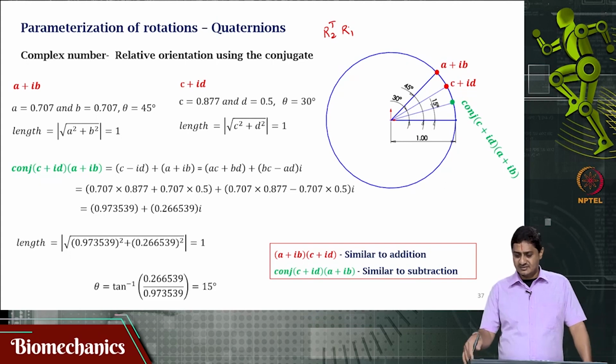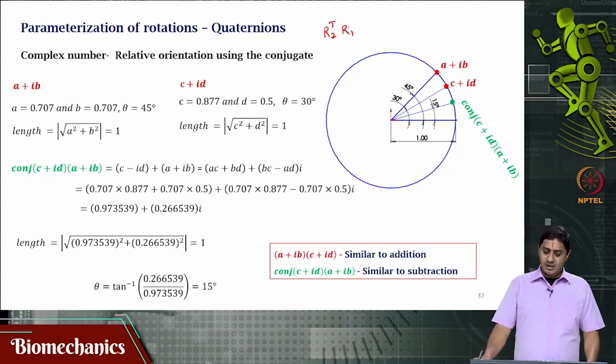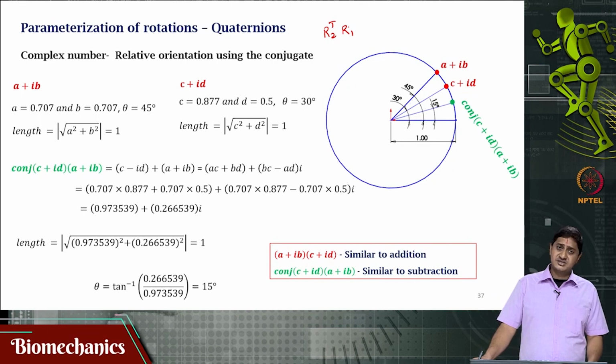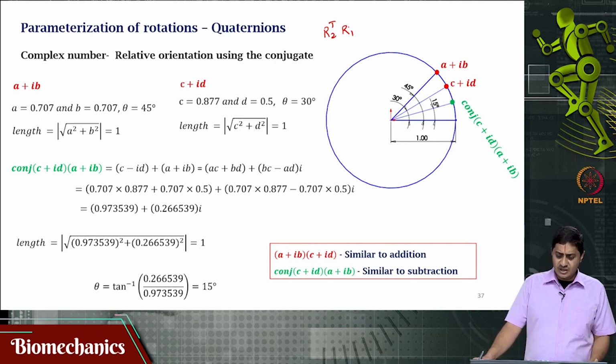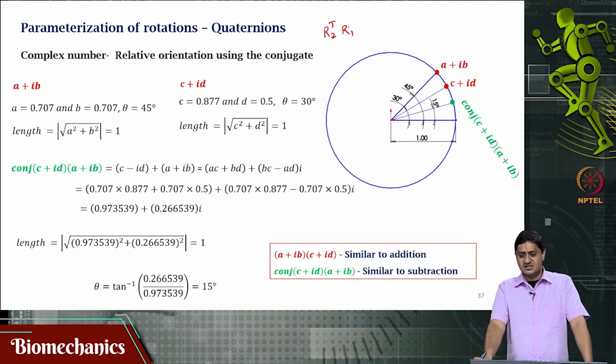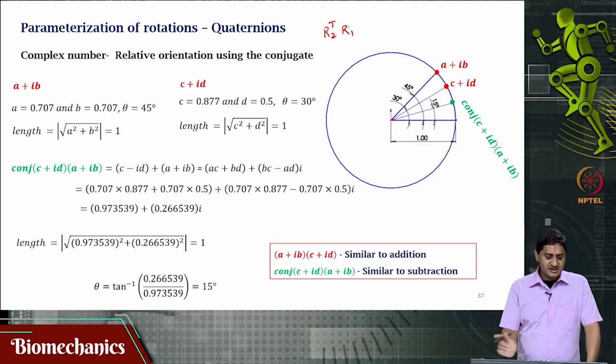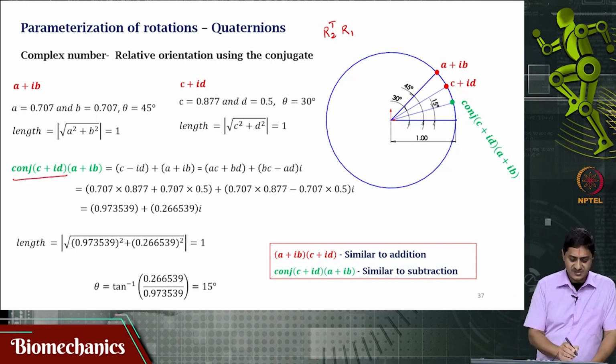Now, what are R2 and R1? These are rotation matrices. The question is, is there an equivalent in the complex number space for this transpose? Yes, that is the complex conjugate.